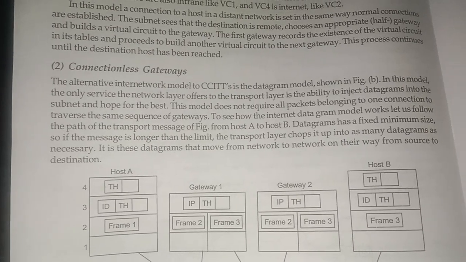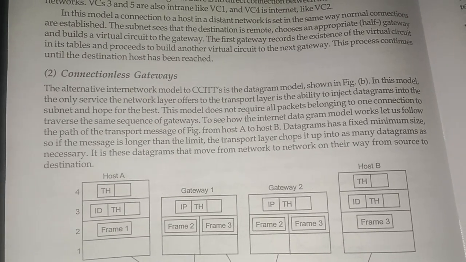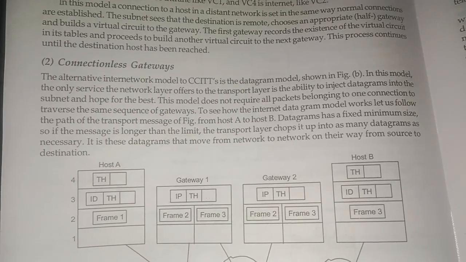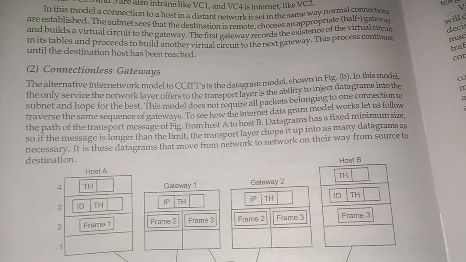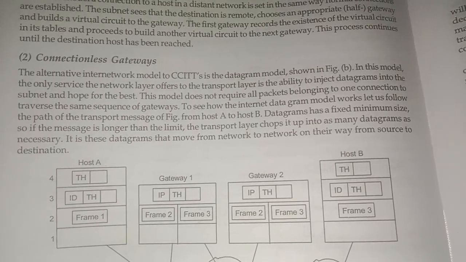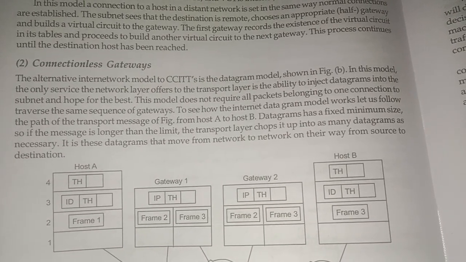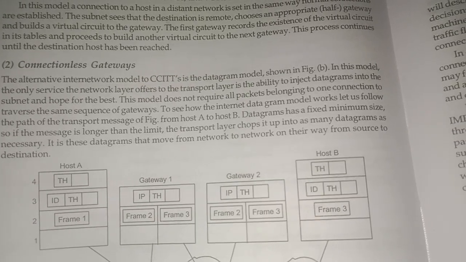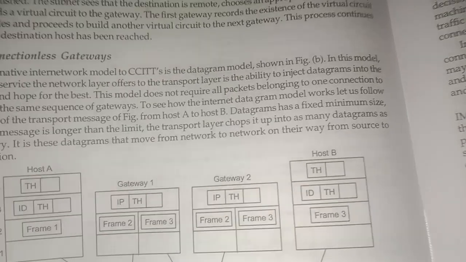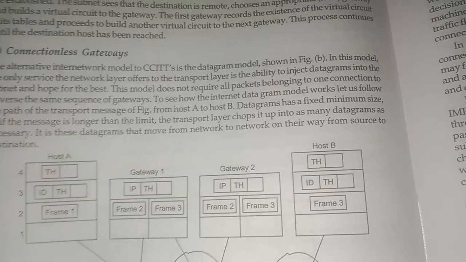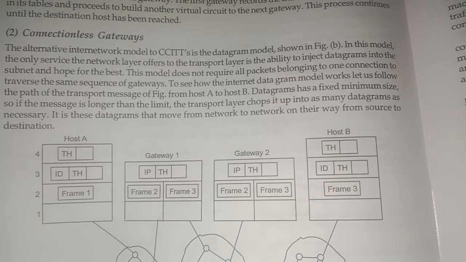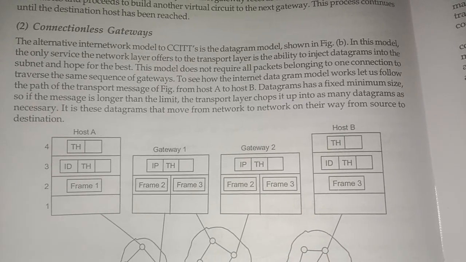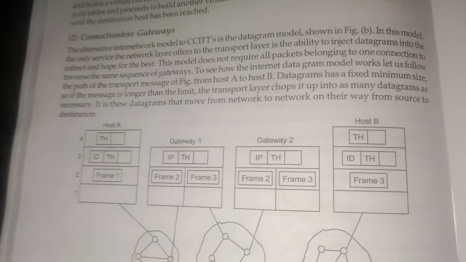Connectionless gateway. The alternative internetwork model to CCITT is the datagram model. In this model, the only service the network layer offers to the transport layer is the ability to inject datagrams into the subnet and hope for the best.